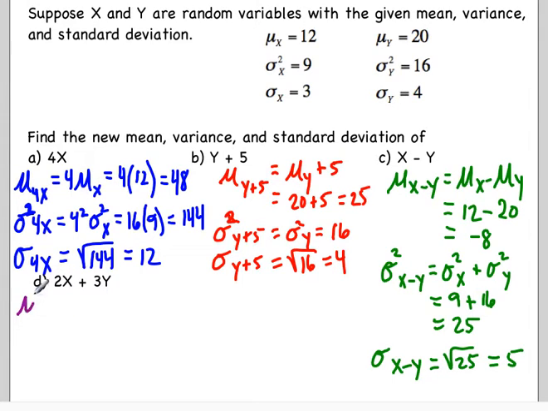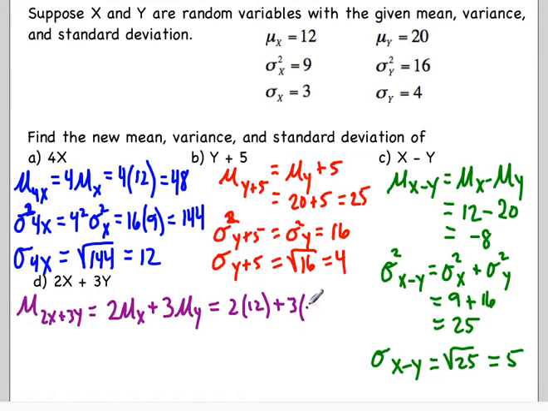So to get the mean of 2x plus 3y, I'm going to take 2 times the mean of x plus 3 times the mean of y. So that will be 2 times the mean of x, which was 12, plus 3 times the mean of y, which was 20. And for that, we end up getting 84.